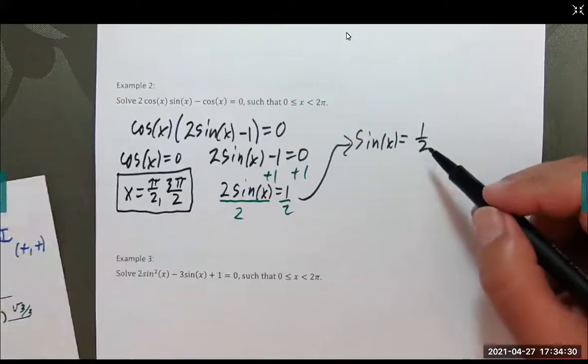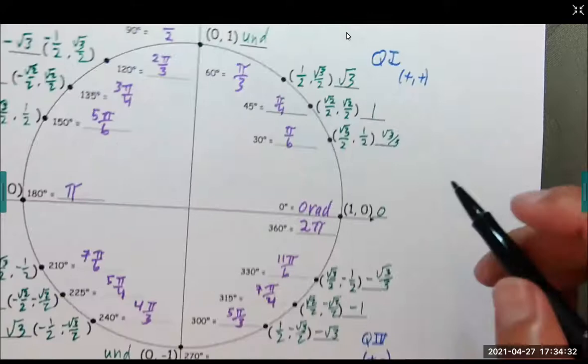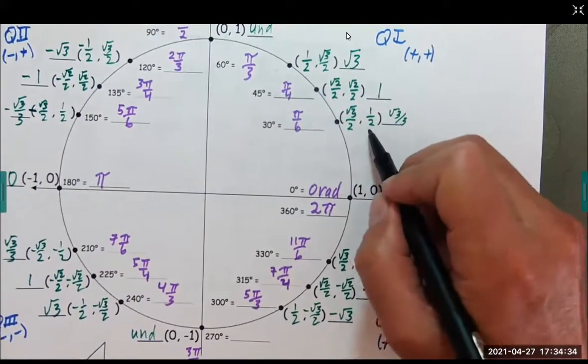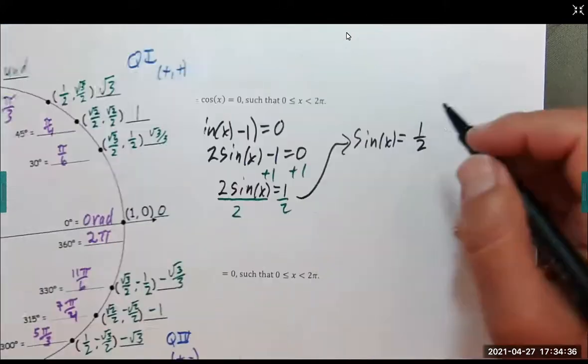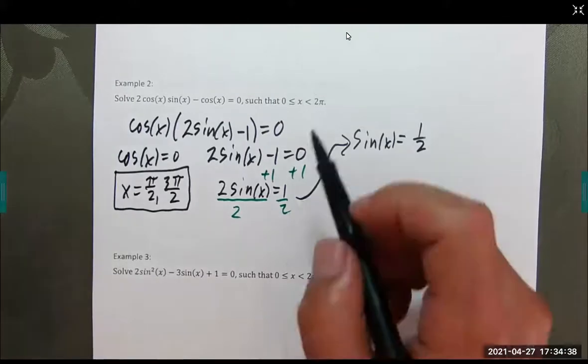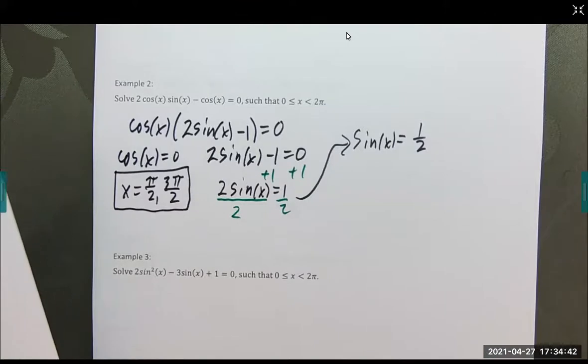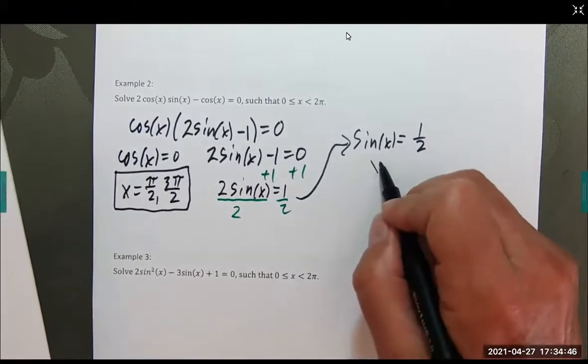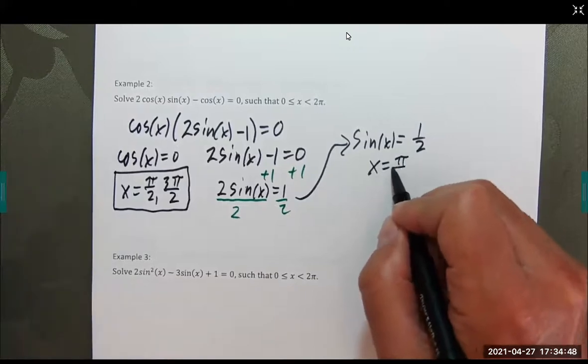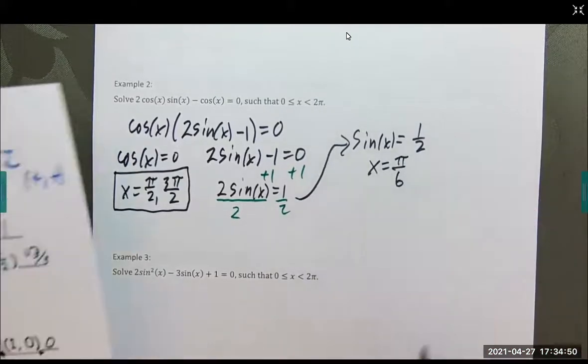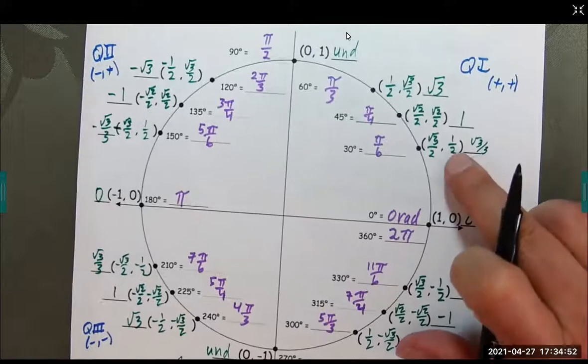And so when does sine equal 1/2? Well, that's when y is 1/2. So I'm here at pi over 6. By the way, we know that it's in radians because they say between 0 and 2 pi. If it said between 0 and 360 degrees, then you would want the degree answer. But that's implied. Pi over 6, that's in quadrant 1.